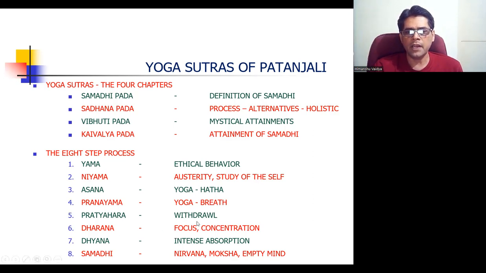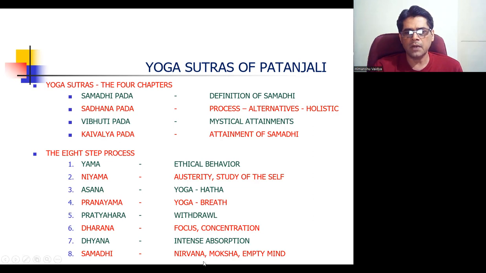So you narrow down the area of focus to a very small point or area or something that you want to focus upon, and you get lost in that focus. There is intense absorption, and this is called dhyana. The absorption is so intense that practically you get lost into that absorption.